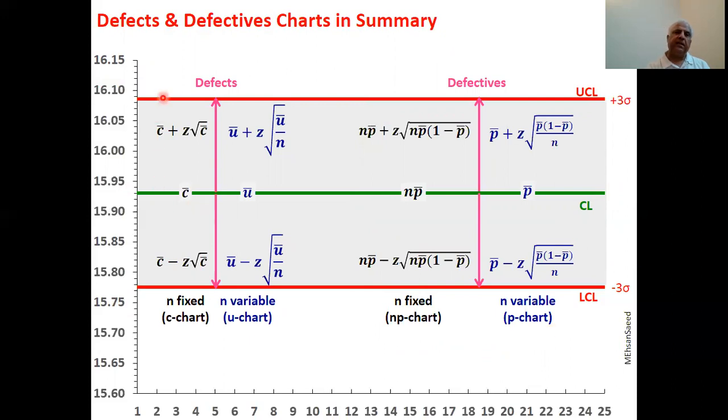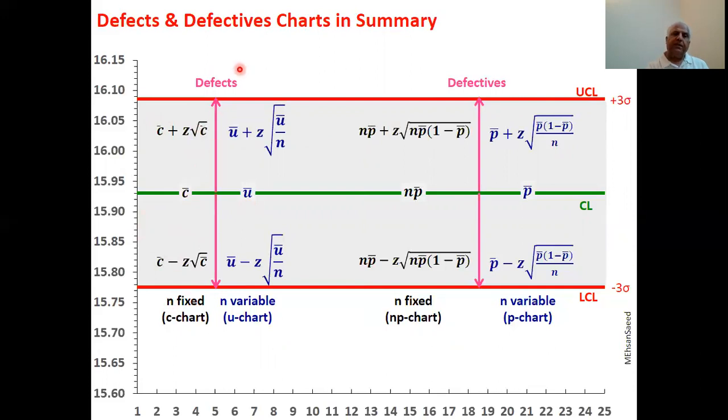The left-hand side shows the limits or parameters of the control chart with fixed sample size, and this is with variable sample size. Same situation over here. In case of defects, if the sample size is fixed, the center line is C bar. If the sample size is variable, the center line is U bar.